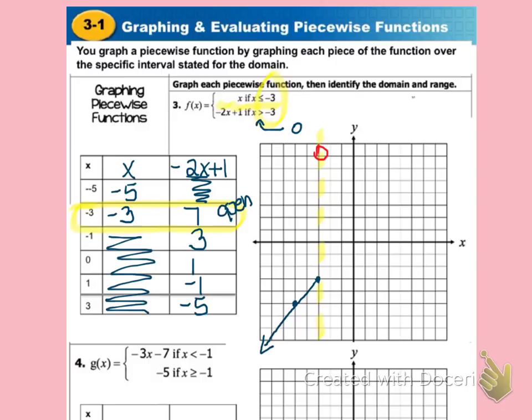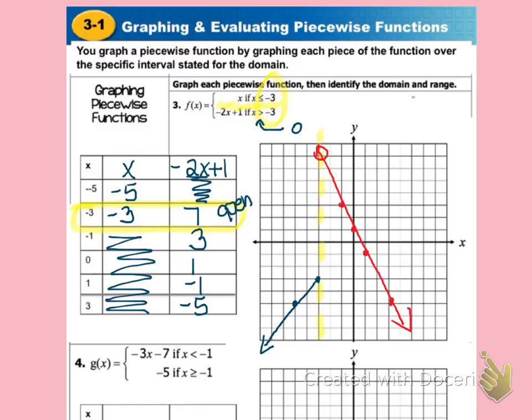So then the next point, -1, 3, 0, 1, 1, -1, 3, -5. And I could continue to put in larger and larger x values, but this graph is a line, so all I really need to do is connect these points. And it's going to continue on to the right forever.